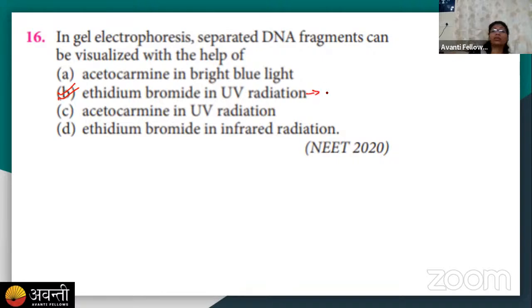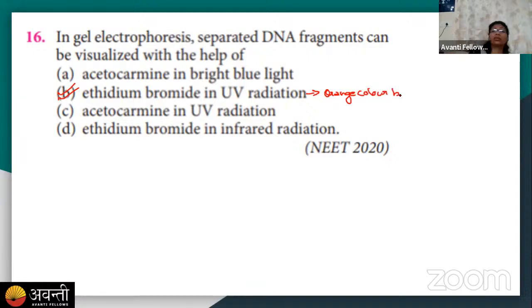Okay, so whenever the ethidium bromide binds with DNA and the UV exposure takes place, it shows orange color bands. Okay. Now move to the next question.